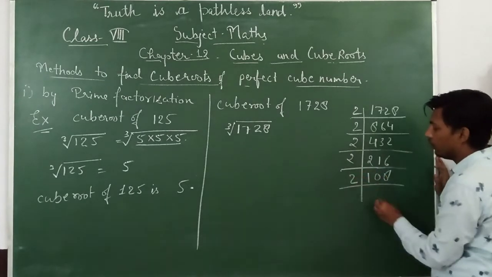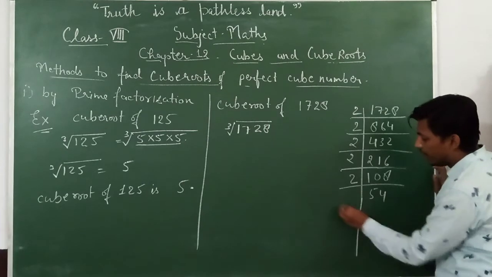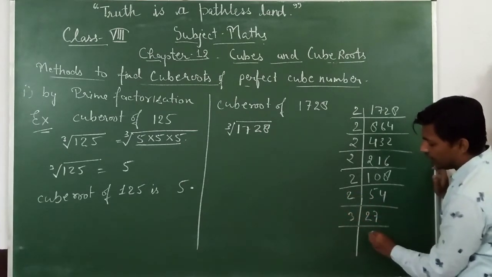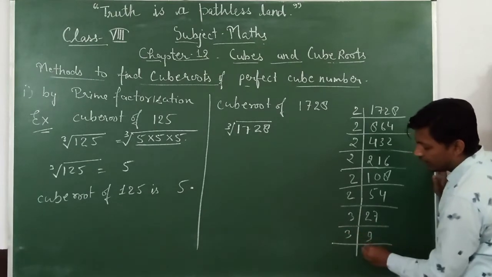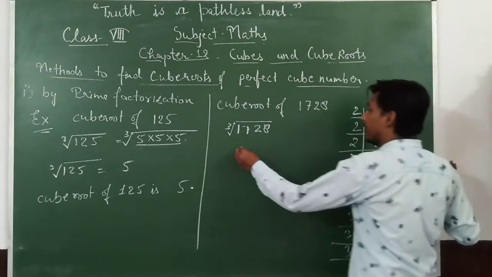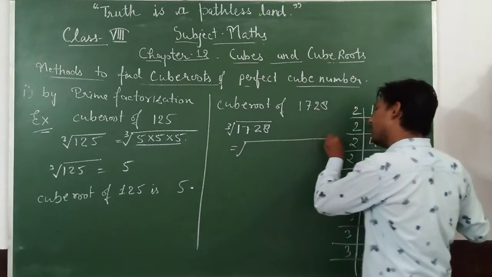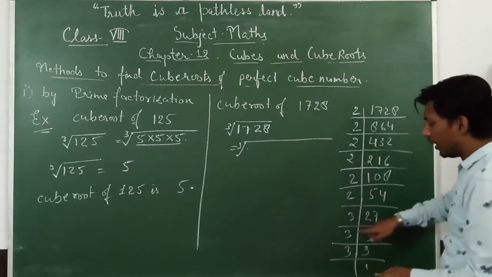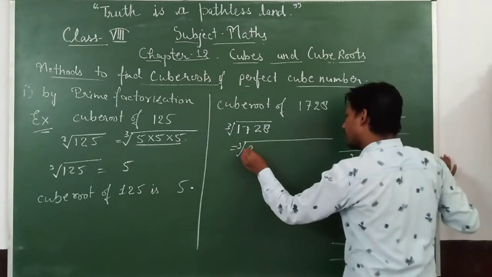Divided by 2, 54. Divided by 2, 27. Divided by 3, 9. Divided by 3, 3. Divided by 3, 1. So the prime factors of 1728 are 2 six times multiplied by 3 three times.